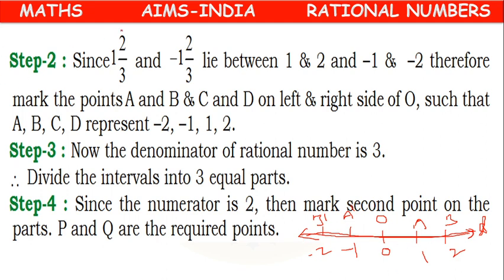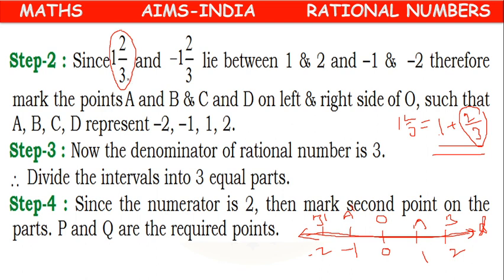Now we have to represent 1 2/3. How to represent 1 2/3? If we expand it, it can be written as 1 plus 2/3. That means one complete part is there, and after one complete part we need the 2/3 part.